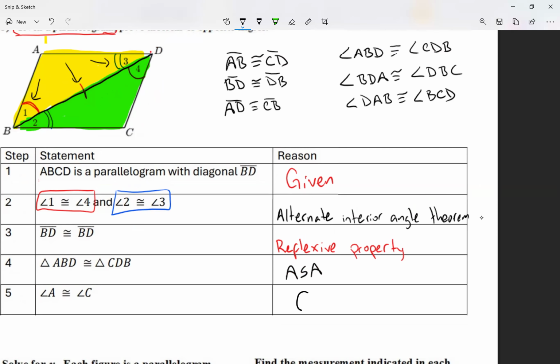I'm going to go C, P, C, T, C. You guys might be like, what in the world is that? The abbreviation for this is congruent parts of congruent triangles are congruent. Let me read that again. I just abbreviated using the initials: congruent parts of congruent triangles are congruent.